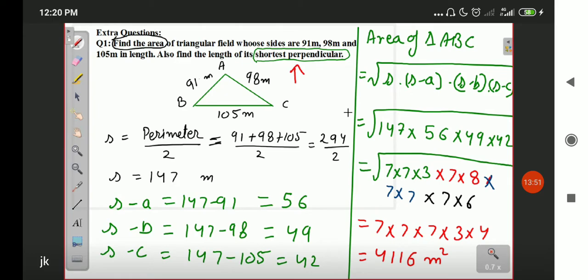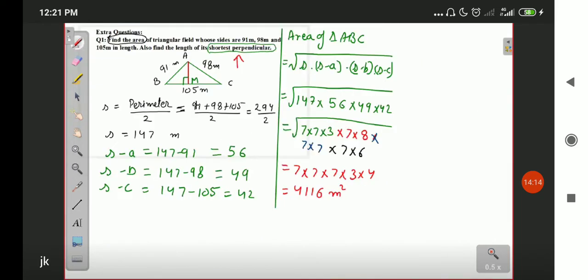The shortest perpendicular of this triangle will lie on the longest side. And as you can see in the diagram, the longest side is BC. So the shortest perpendicular should be AM. We don't need to explain this much. We will just find out the value of AM.